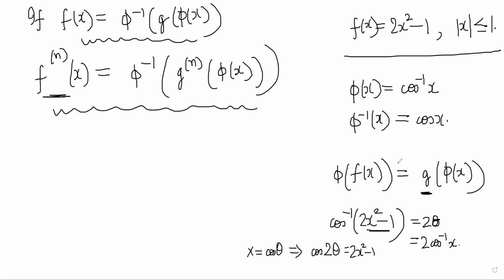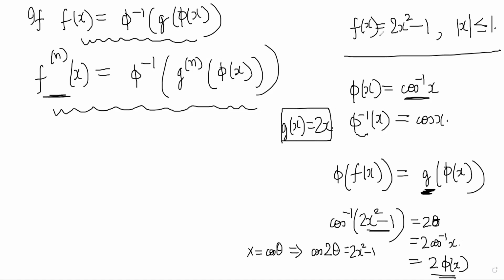And cos inverse x was my phi of x. So that implies 2 phi of x is coming here, and my g function should be 2 of x. g of x is 2x. So basically, using this function f of x and using a bridge function of cos inverse x, because we can spot the identity 2 cos square theta minus 1 is cos 2 theta.